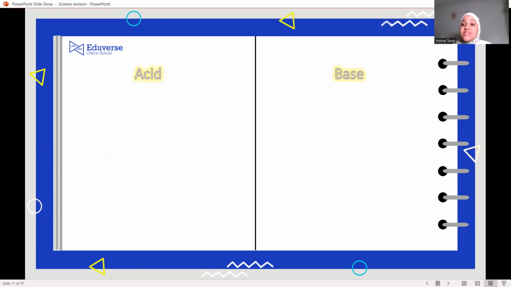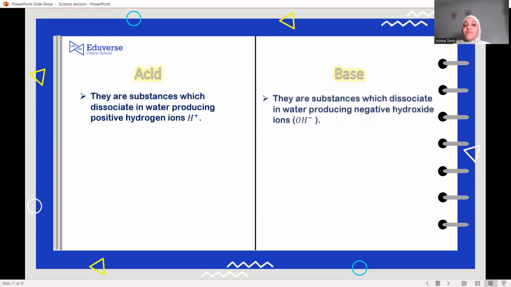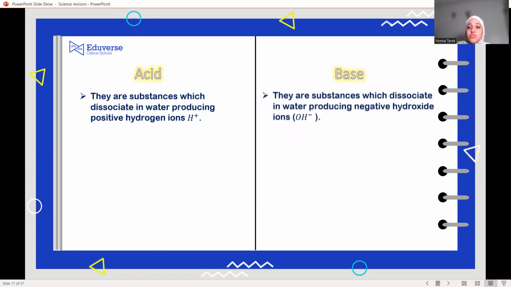Acids, when we put acids in water, they give us positive hydrogen ions. What about bases? When bases dissolve in water, they produce negative hydroxide ions. Acids begin with H, like HNO3, HCl, and so on, while bases end with OH, the hydroxide group.